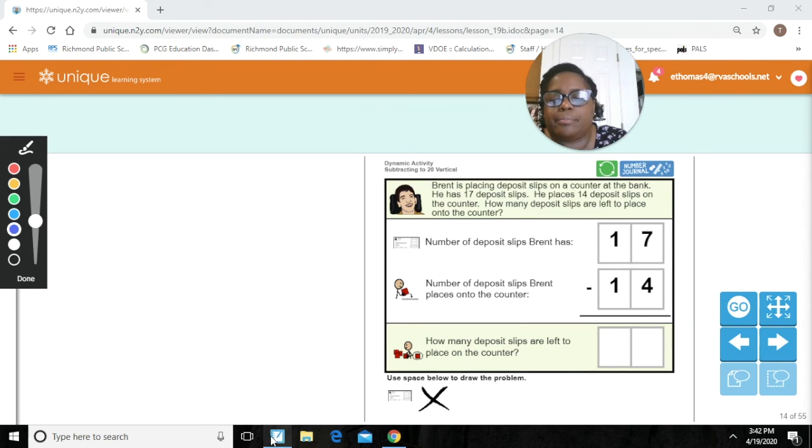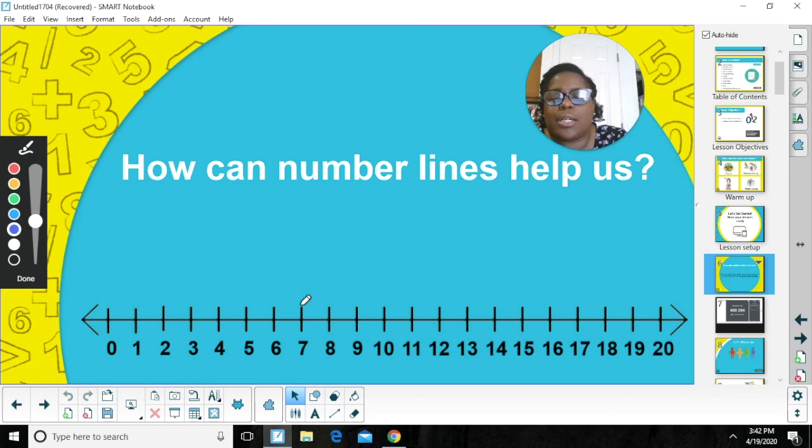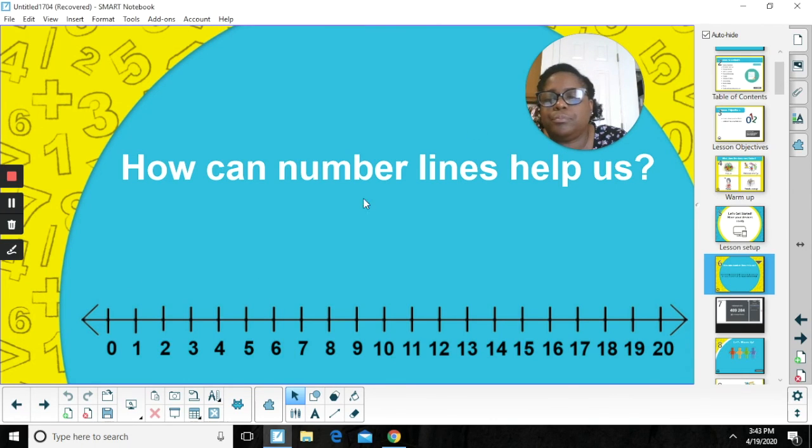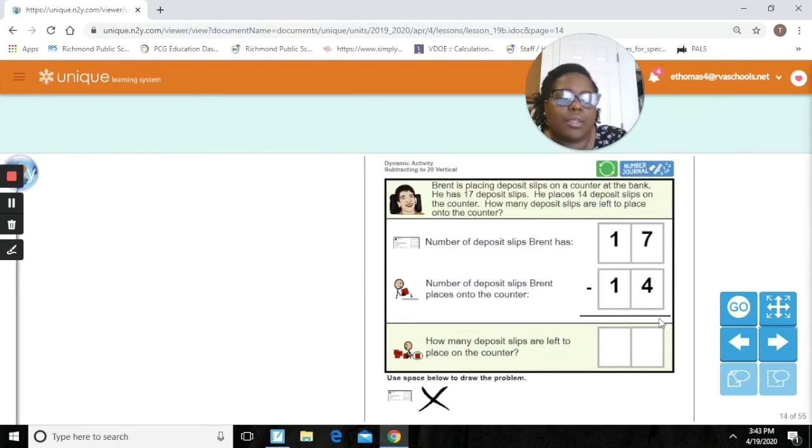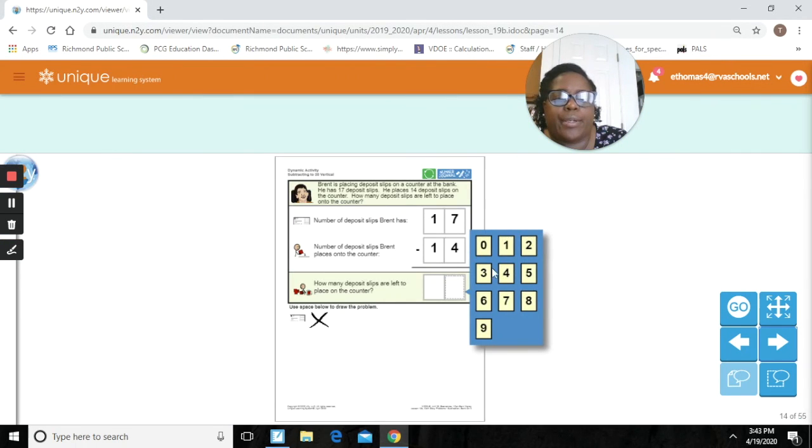Let's do that. So we start at 7, and we're going to hop back how many spaces? 4. Let's do that. 1, 2, 3, 4. What's our answer? 3. Good job. So we're going to put 3 right here.